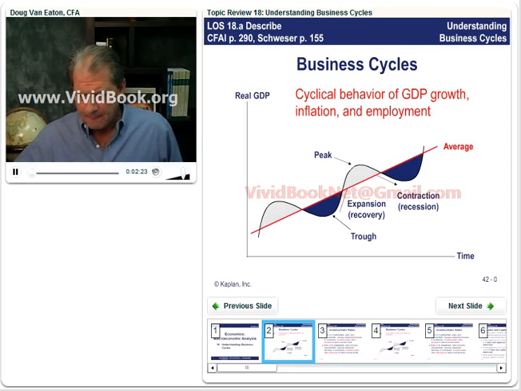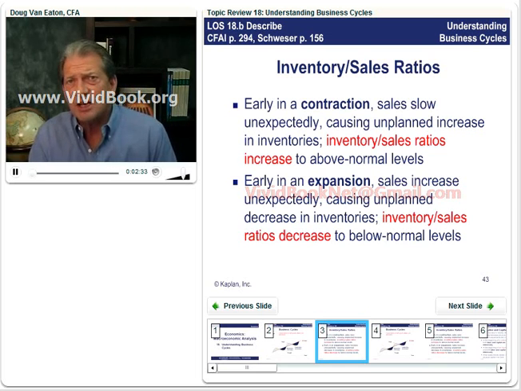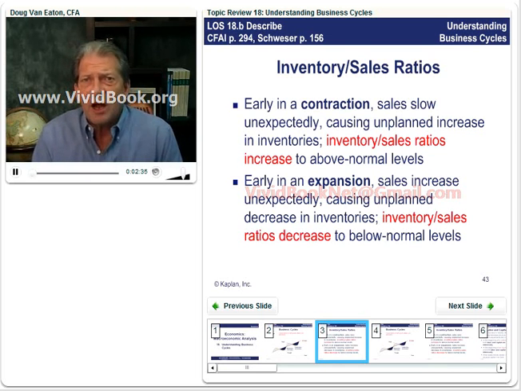So if I can get the next button on this thing, I know I can. What happens to the inventory sales ratios? Well, let's read through this, and then we'll go back and take a look at that. Early in a contraction, so it's just turned. We're just heading into a contraction. Sales slow. This is unexpected, right? We're in an expansion.